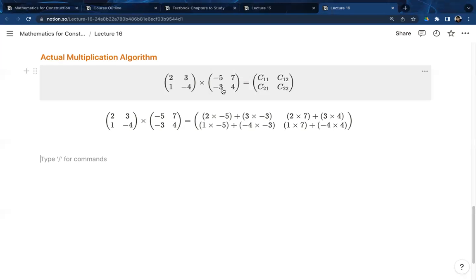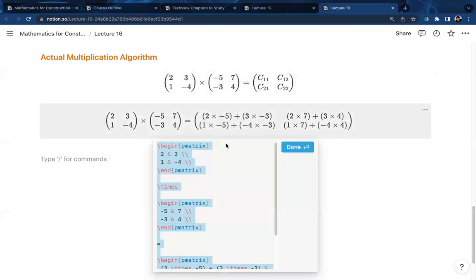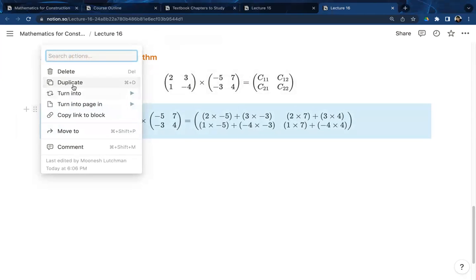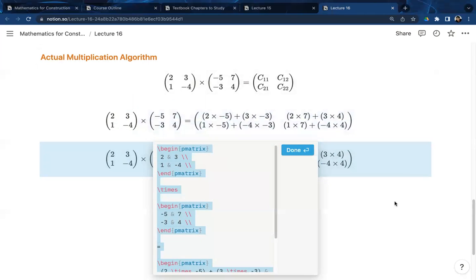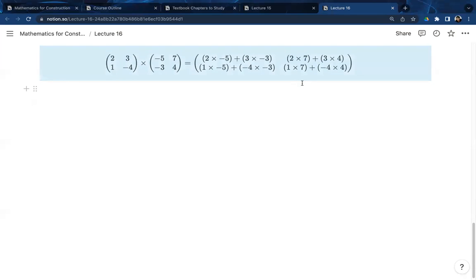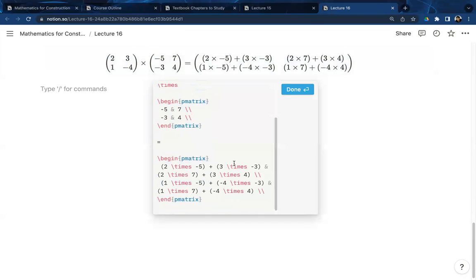And I hope this makes sense now. It's really just to simplify. So let's take our time. What is this here? This is negative 10. 3 by minus 3 is minus 9. 2 sevens are 14. 3 fours are 12.